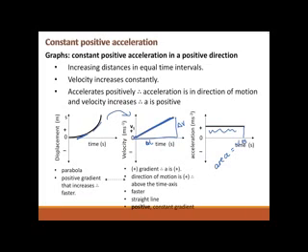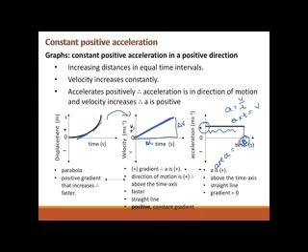So if I took, say, 5 seconds times that value, that would give me the velocity at that point in time, because acceleration is change in velocity divided by time. So if I went acceleration times time, I get velocity.